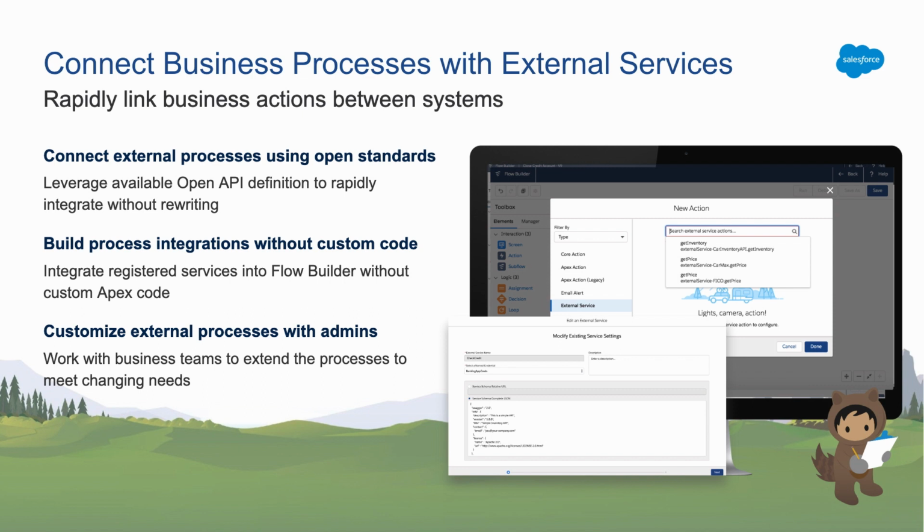And Thomas and Akash will show you how to put those three things together in the demo. So this really makes external services a really simple, easy way to get your integrations up and running very quickly.